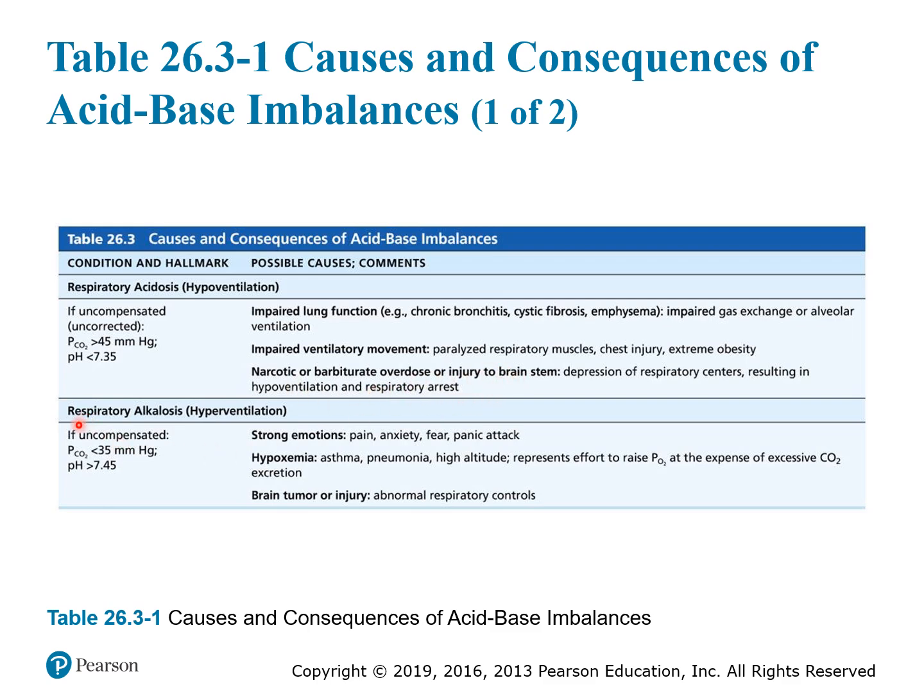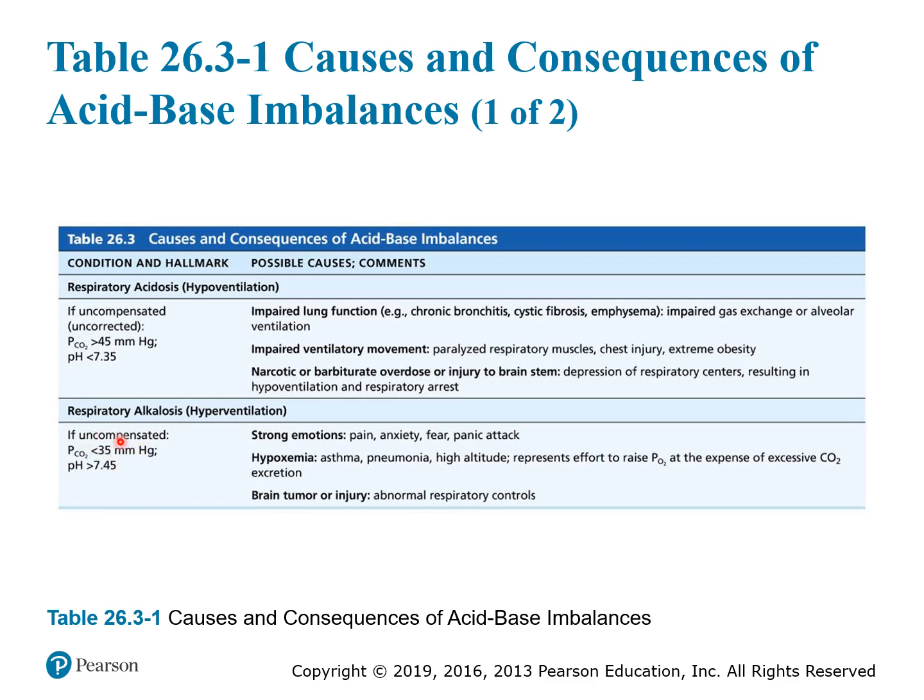Now let's see respiratory alkalosis. These values are if it is uncompensated, right? When the kidney starts to compensate, these values will somewhat change. They will not totally come back to normal, but they will somewhat change.